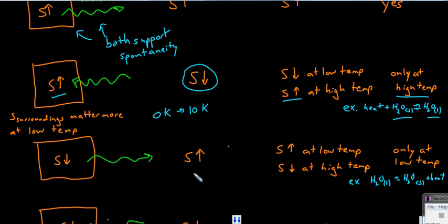Which one wins? We'll recall that at a low temperature, this entropy of the surroundings matters more, and so at low temperature, the entropy of the universe will increase. But at high temperatures, the entropy of the surroundings will decrease. We can see that this freezing process will occur at low temperatures, below 0 degrees Celsius.